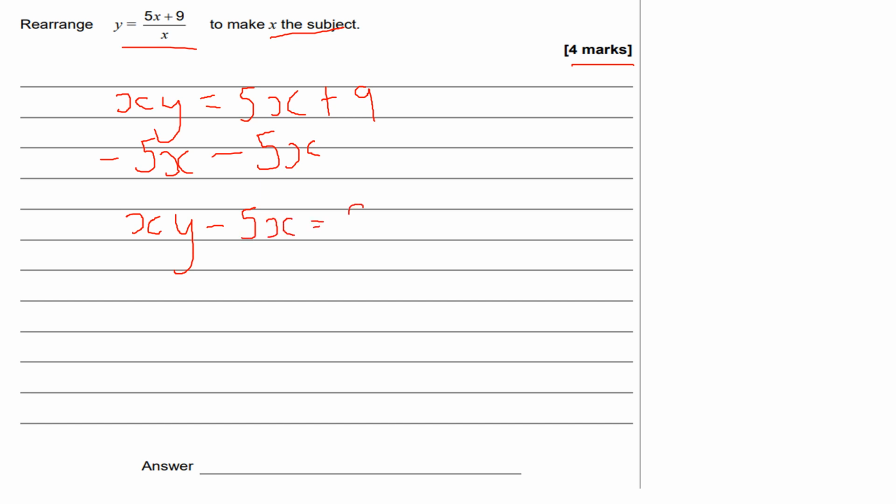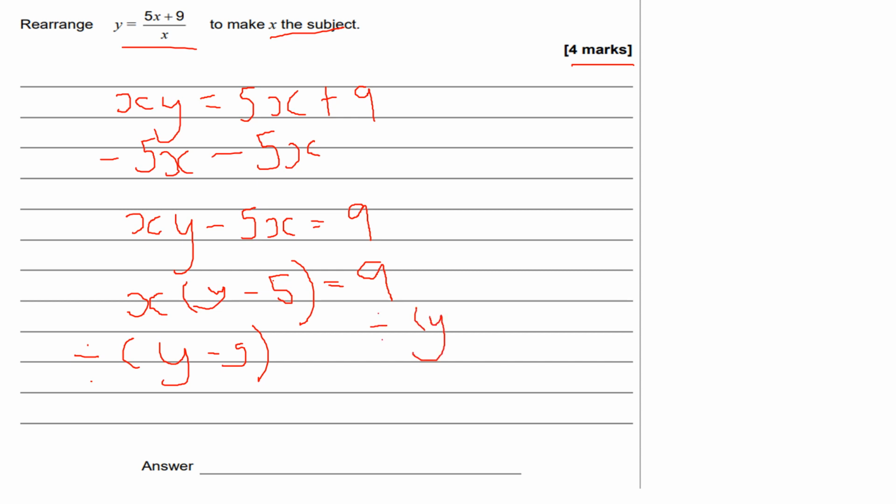I can now factor out an x, so I'm going to have x lots of y minus 5 is equal to the number 9. Dividing both sides of my formula by y minus 5 will isolate x by itself.